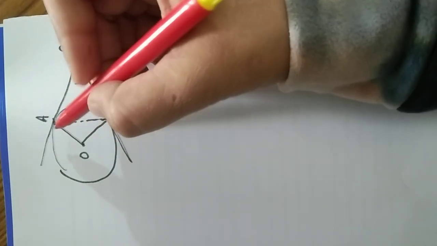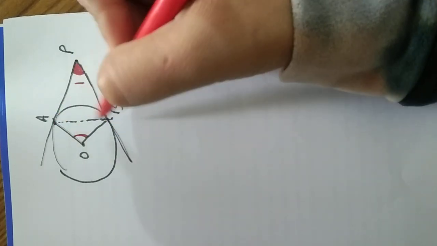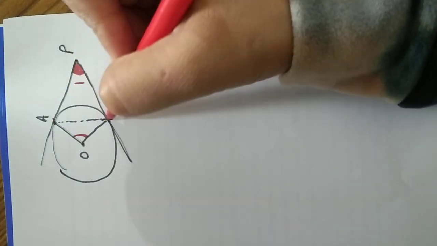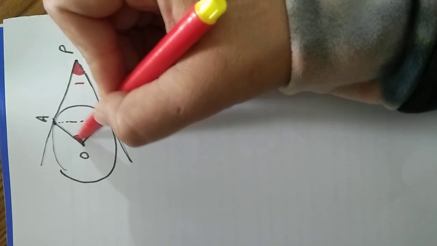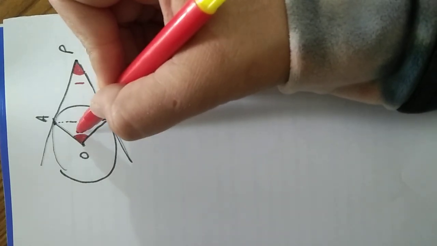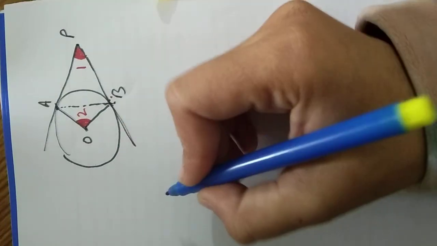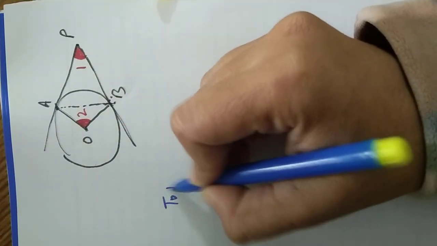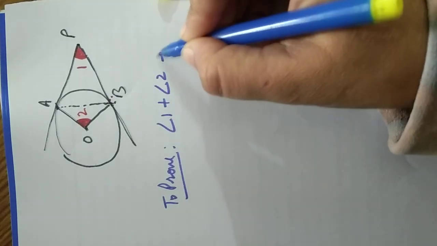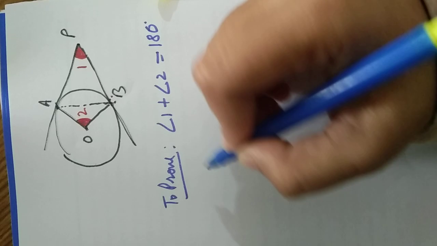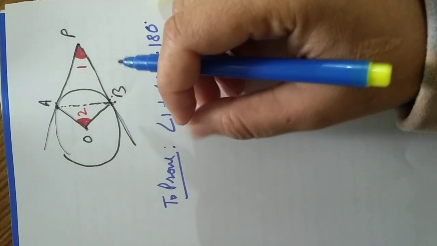These are my points of contact, and the angle they make with the center O we mark as angle 2. Now we have to prove that angle 1 plus angle 2 is equal to 180. Supplementary angles means angles whose sum is equal to 180 degrees.